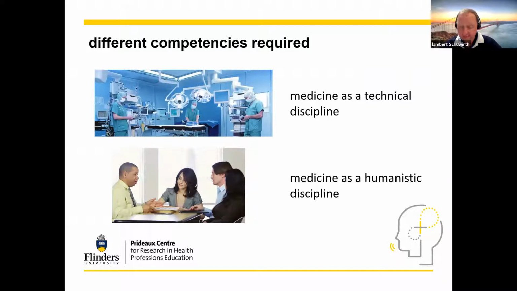So if diagnostic procedures, diagnostic decision making, and decisions on therapeutic management are going to be supported or augmented or even substituted by more technology, there will still be a need for somebody whom you can trust.